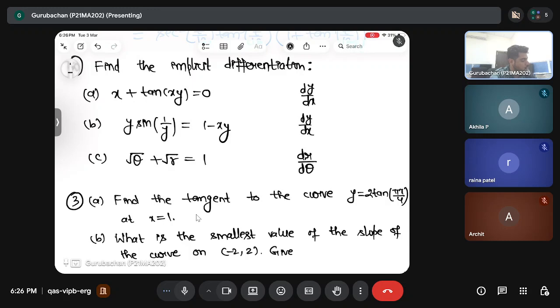Give reasons. So we will discuss after a short break. Till then you can try these all.